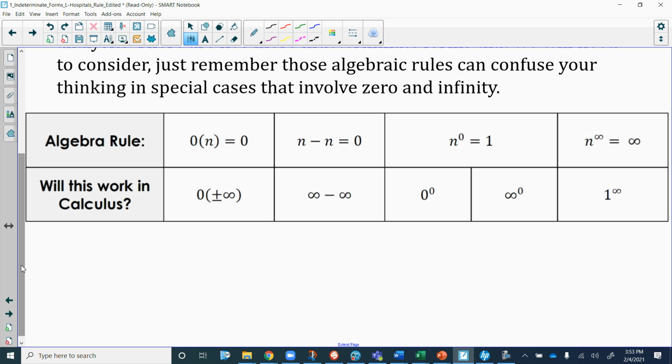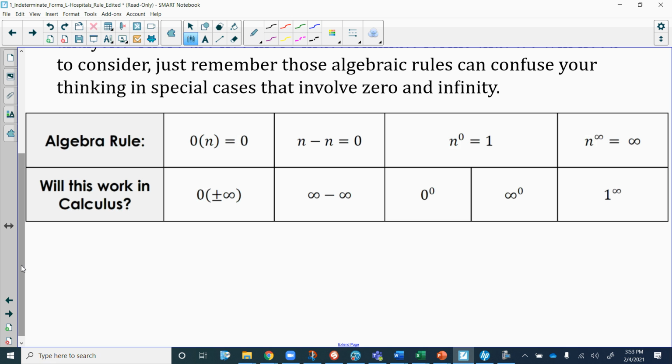So for an example like this, normally we say any number multiplied by 0 is 0, but what about 0 multiplied by infinity? Well, that's called an indeterminate form, because remember, infinity isn't a real number. It's a concept. It's an idea.